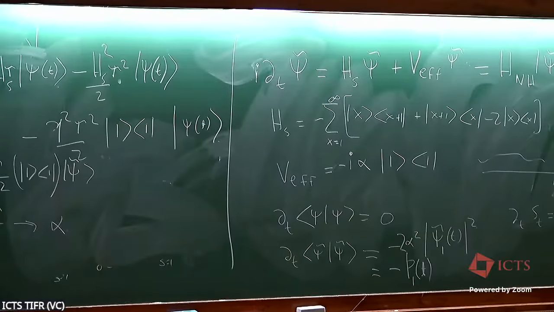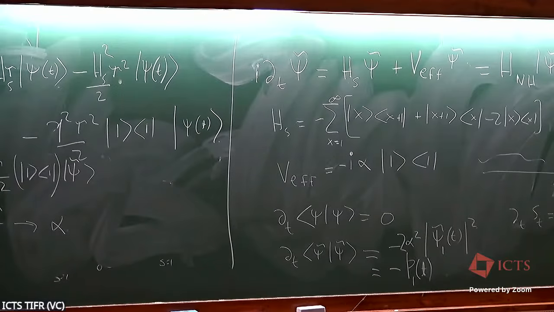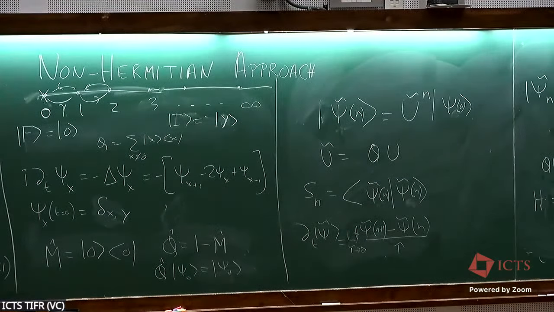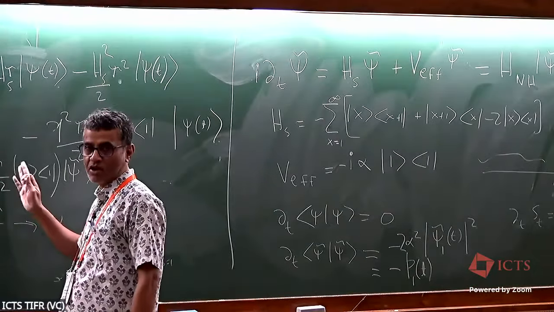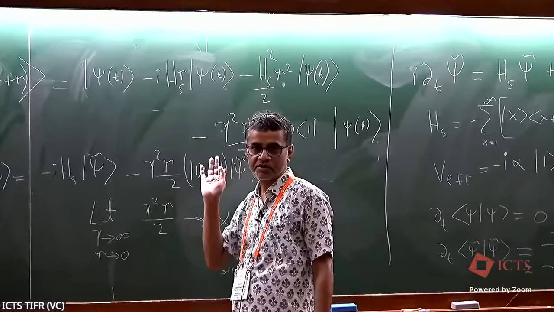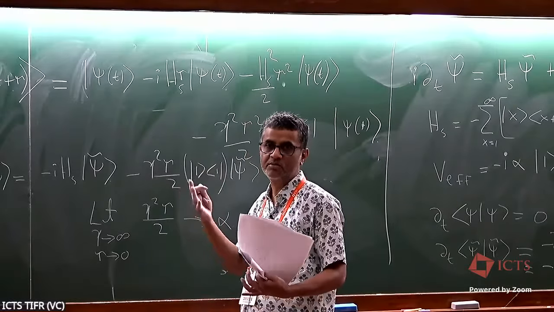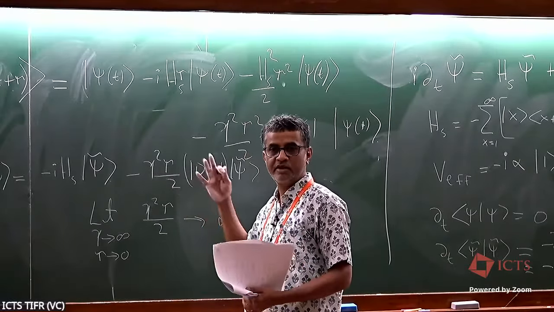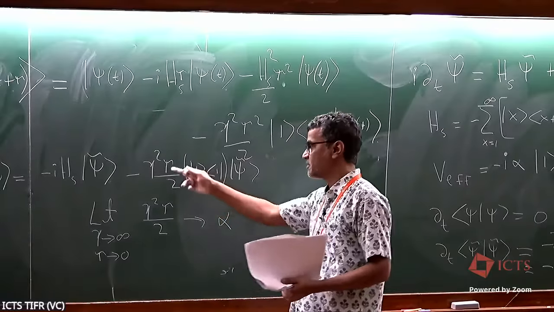The reason I introduced this gamma is so that I can take this limit, right? If I didn't have this gamma, there's no way I can keep it finite. Now, like I said earlier, you can take a different approach: supposing you just put gamma equal to 1, then of course this tau is there. You can't take tau going to 0, but still, if you just solve this equation, you can get results. That would be like doing perturbation theory, and it's surprisingly accurate, even if tau is kind of large.